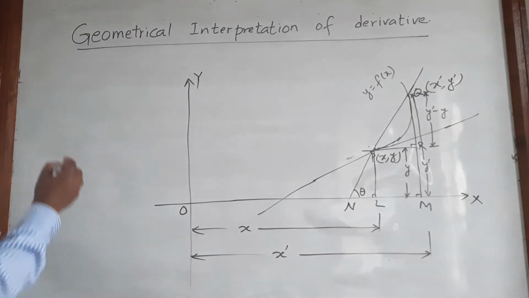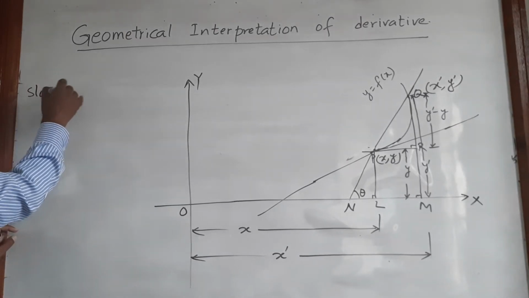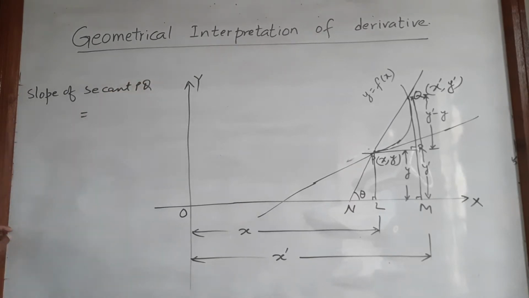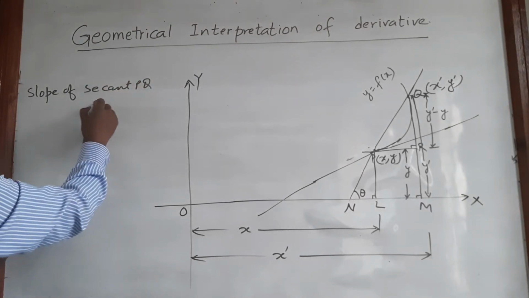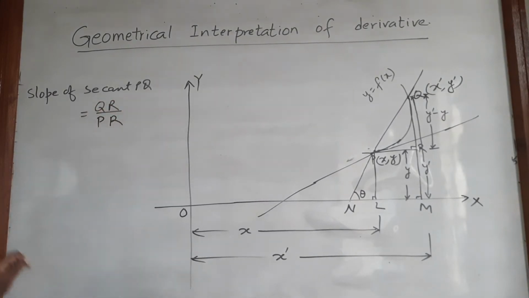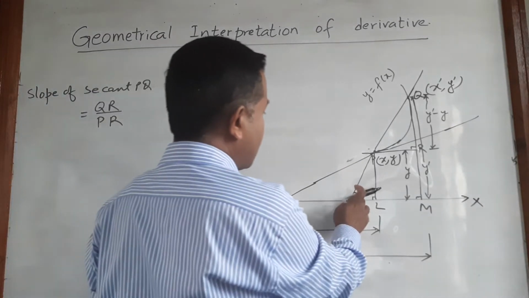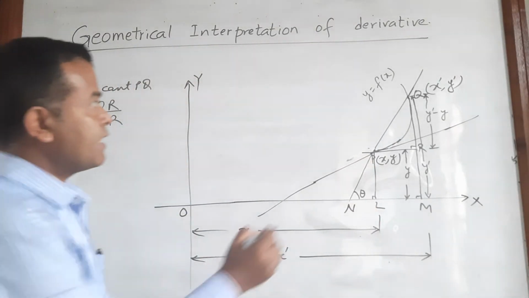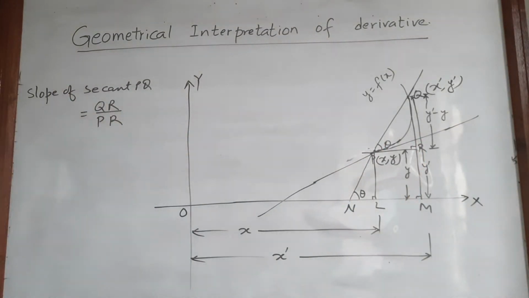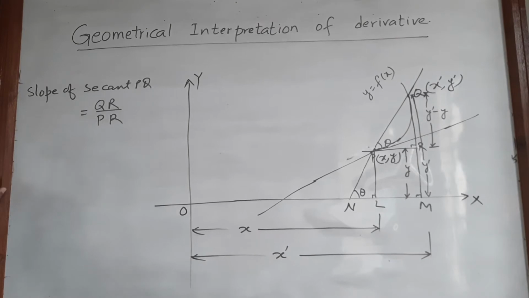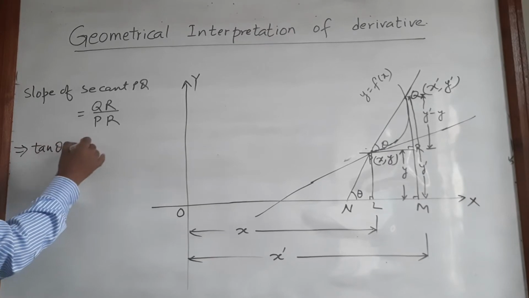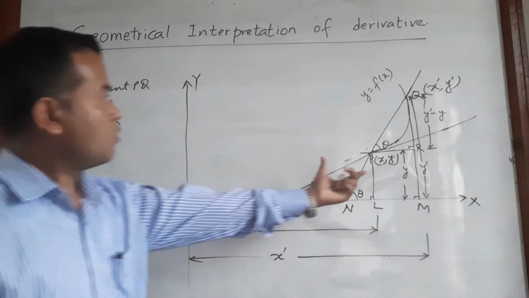Now the slope of the secant PQ equals QR over PR. We have supposed that this angle is theta, so the angle QPR is also theta. So the slope of the secant PQ is tan theta, that is QR over PR.